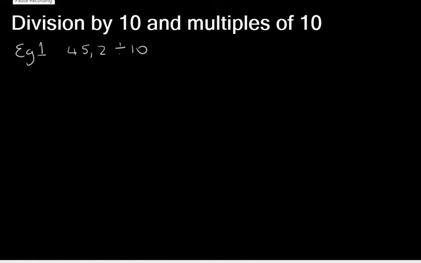Let's look at 45.2 divided by 10. When we divide by 10, we need to move this decimal point one place to the left. That's going to give us an answer of 4.52. Okay, let's do another one.